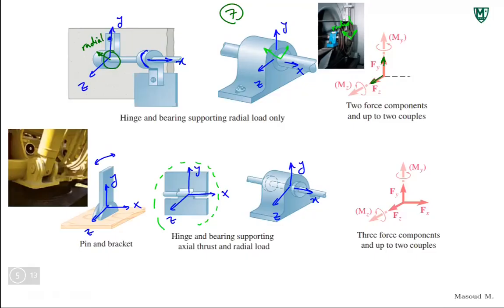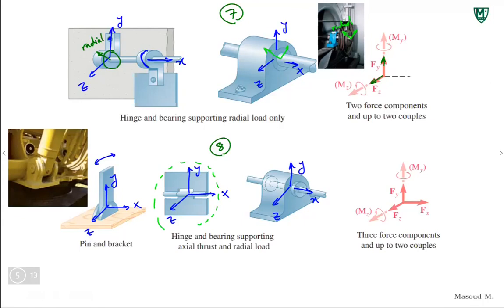So you prevent that motion too. Again, in those cases, when you remove this support, you have to consider the force applied from this bearing to the shaft in the X direction to prevent that motion. This is the eighth.